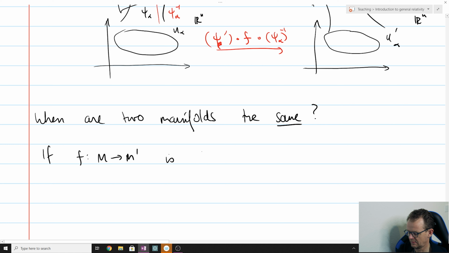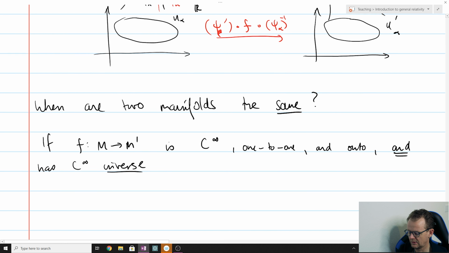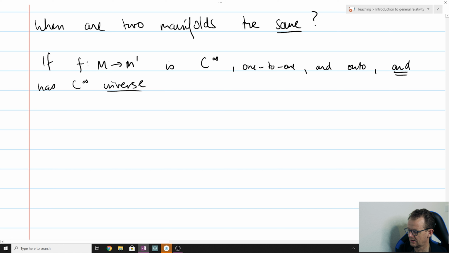So if F going between M and M prime is a C infinity, one-to-one and onto map, and if this function has a C infinity inverse, so you can invert it and it's also smooth, then we give this special function a name. We call it a diffeomorphism.